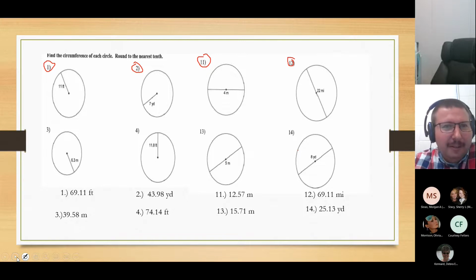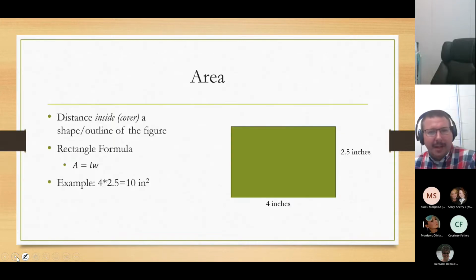Okay. So the next one is about area. Area is the inside. Like if I want to carpet this floor, I want to calculate the area. It'd be kind of silly if Christina went to the carpet place and said, okay, I want this blue carpet.